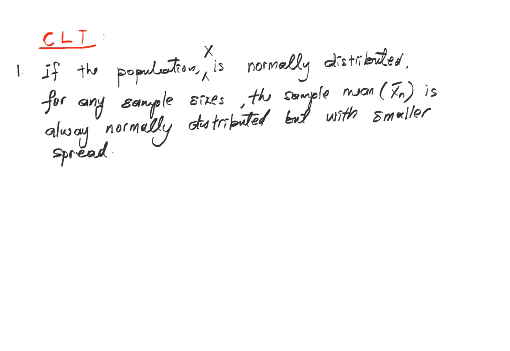It doesn't matter whatever sample size you take. So now, based on this statement, usually when I talk about central limit theorem, I like to break it down, with my population is normally distributed, what happened? Instead of just lump it in one.